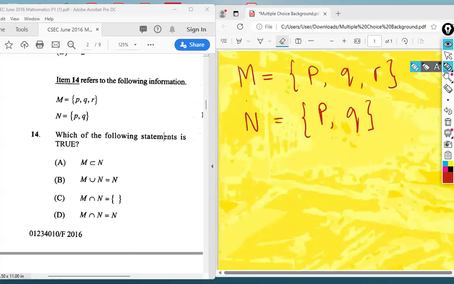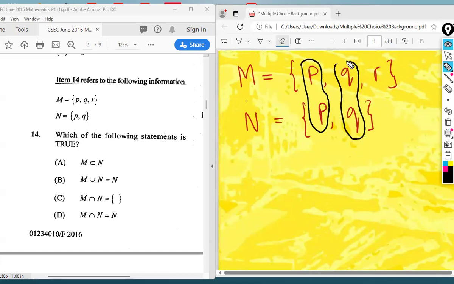Do M and N have anything similar? Yes, right? Where are M and N similar? Both of them have P's and both of them have Q's, right? Now, if I were to write this, M intersect N, right?